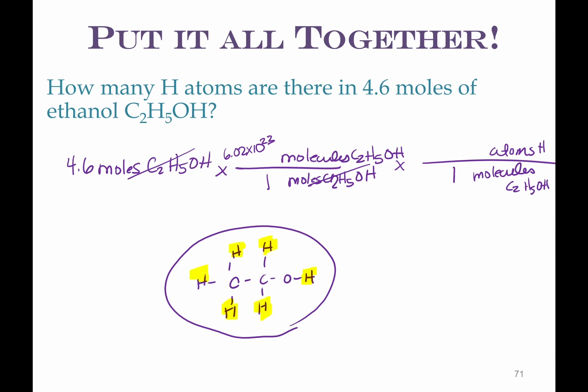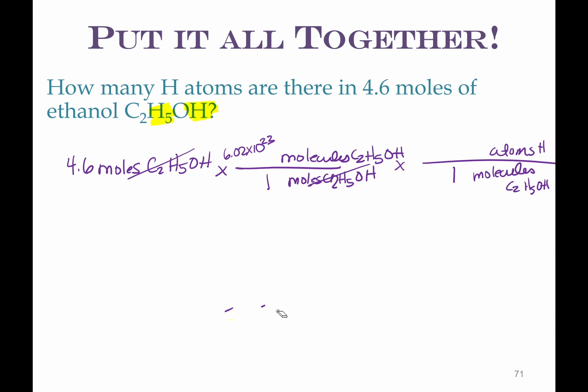Do you have to be able to draw it out to know that? No. 1, 2, 3, 4, 5, 6. So you can just add them up. You don't have to be able to draw it. I just wanted to draw it to show you how it works. So we look at that and we say for every 1 molecule I have 6 atoms of hydrogen.